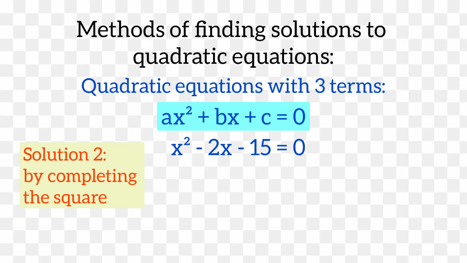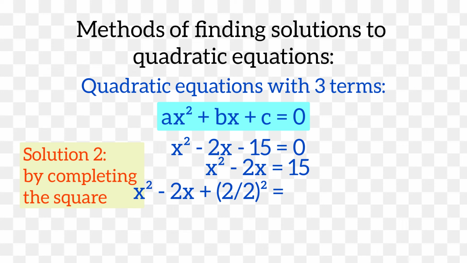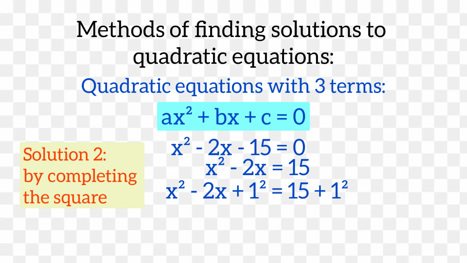First, we transpose 15 to the right side of the equation, changing its sign from negative to positive. Then we complete the square on the left side by adding the square of half of the x coefficient. Then we add the same quantity to the other side of the equation. Now the left side is a perfect square which can be factored.